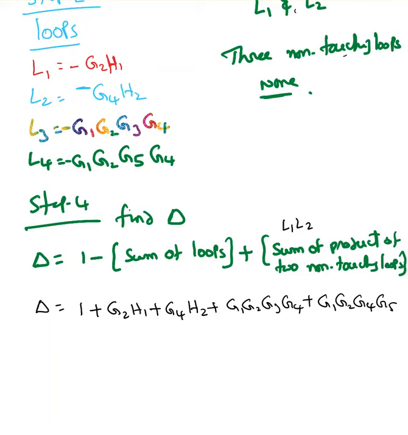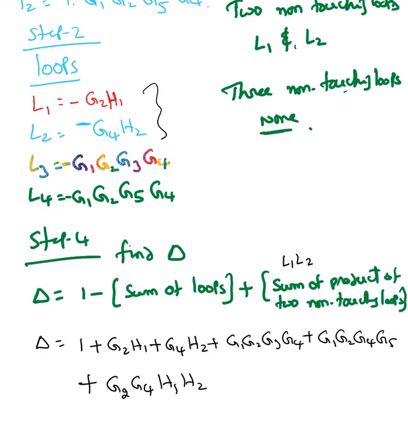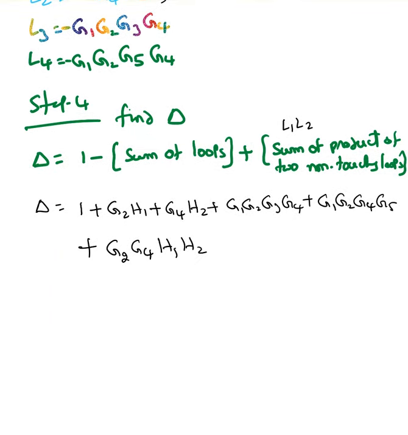What is L1 times L2? I have minus Z2H1 times minus Z4H2. Minus minus becomes positive, so Z2 Z4 H1 H2. That's our complete delta. Now we'll write down Mason's formula.